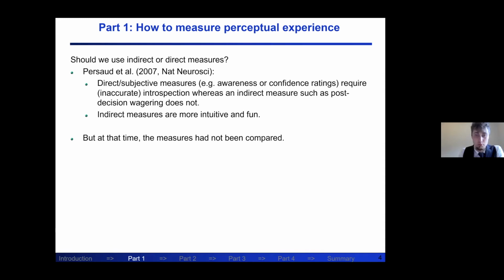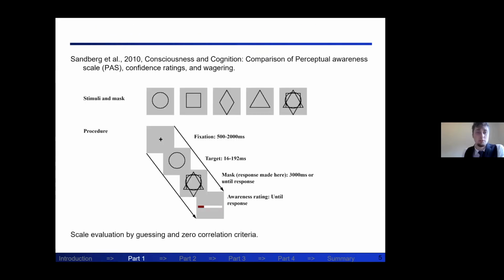And it's supposed to be more intuitive and fun to do experiments, so you keep the participants motivated. But it hadn't actually been compared at that time. So we and another lab, Sandberg and Seth, around the same time compared different scales using different paradigms. So I will talk a bit about our study on this.